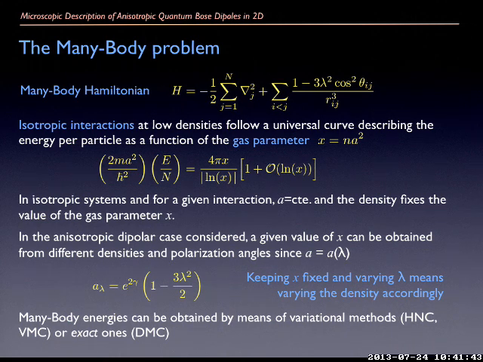This has to be taken with great caution, because in 2D things are much more complicated than in 3D, in the sense that the scattering amplitude diverges logarithmically. So it's not clear that the corrections that come after that are small, because 2D is a world of logarithms.